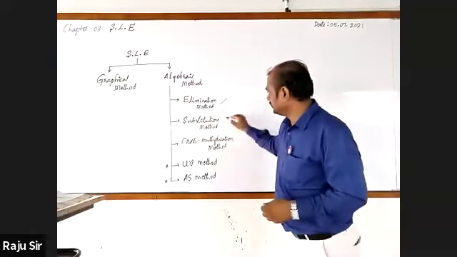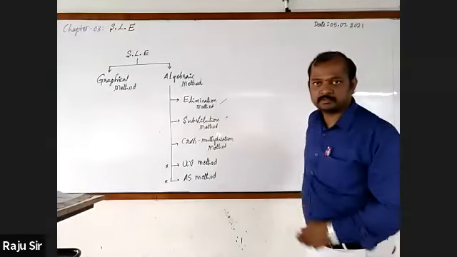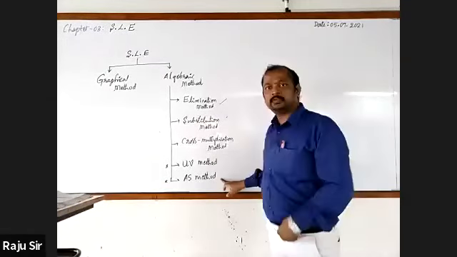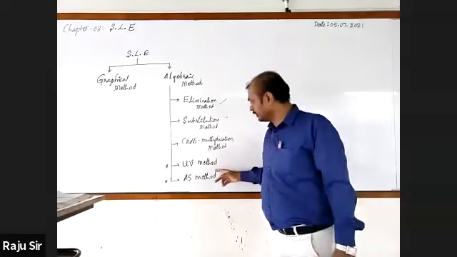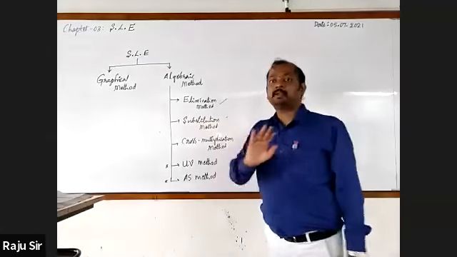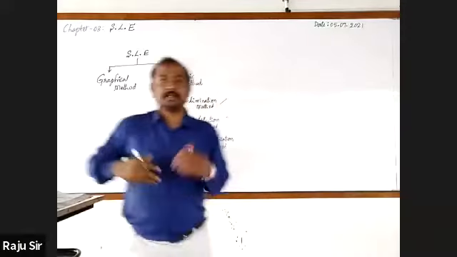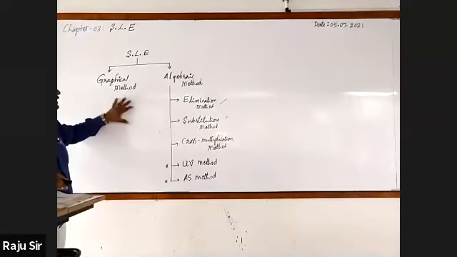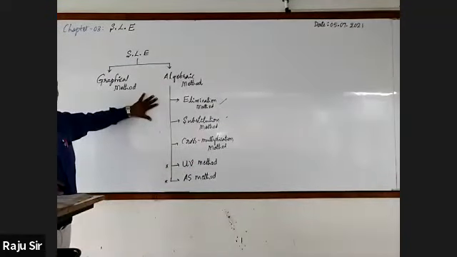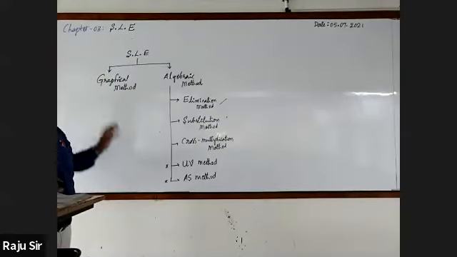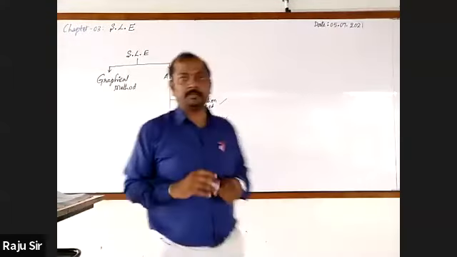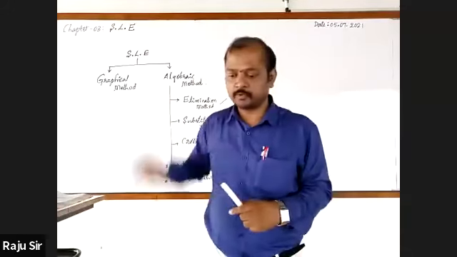These are the textbook methods, and we also have problems of the last two, but the particular names have been given only for the sake of remembering. You'll come to know while solving the problems. So this is the flow chart of methods of finding the solutions of a pair of linear equations in two variables. Got it? This is the flow chart.